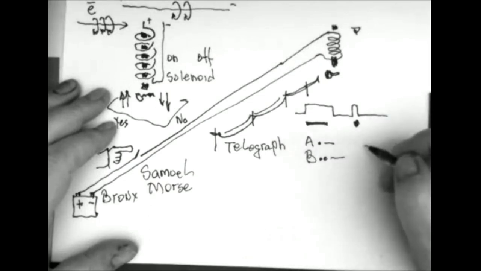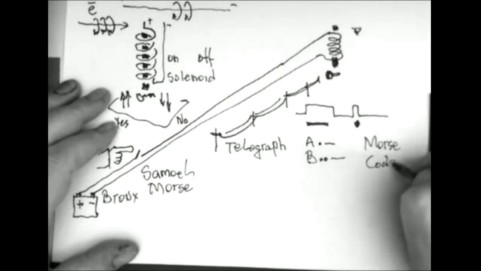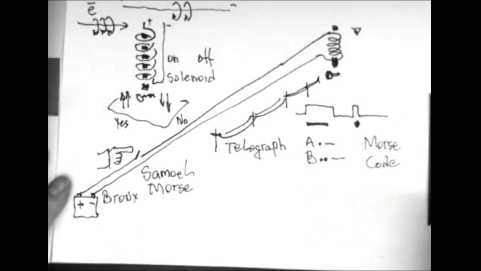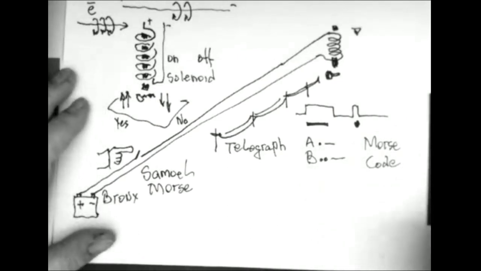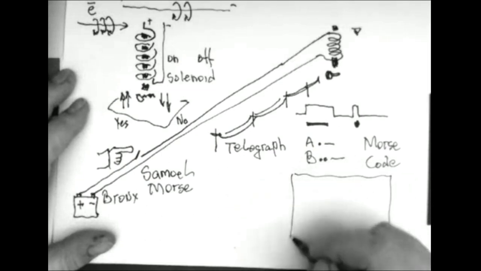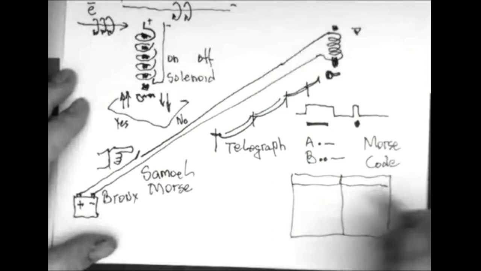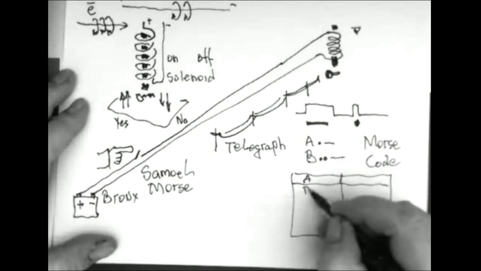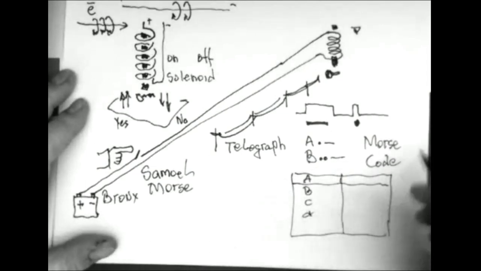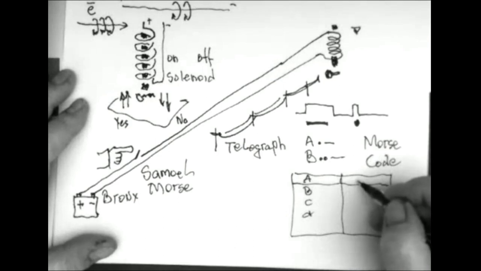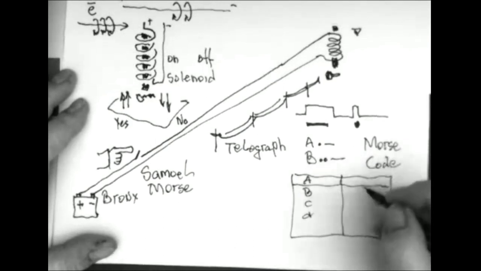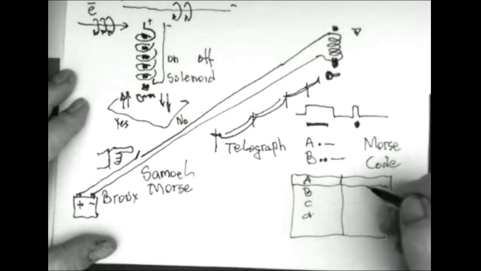So they named it Morse code. Folks, what is code? Code is the table that sets up the correspondence between real letters A, B, C, D, and how they are represented with different material elements.